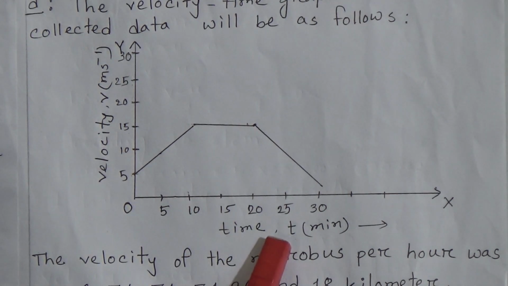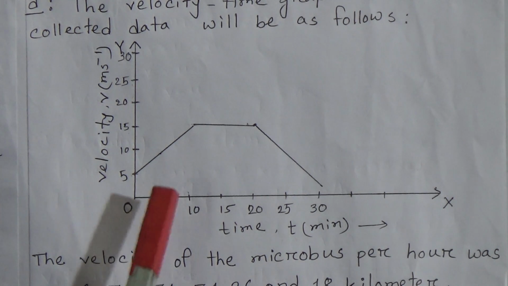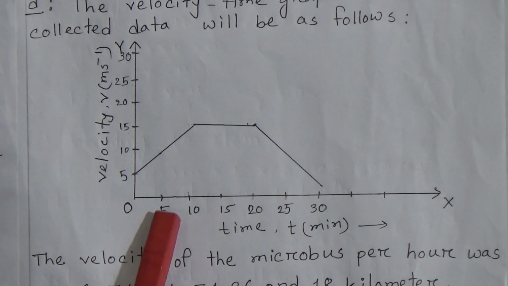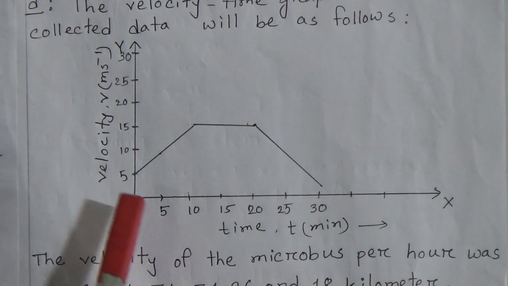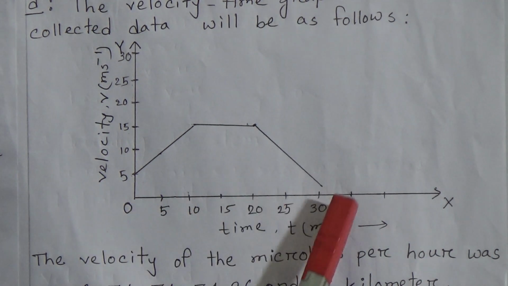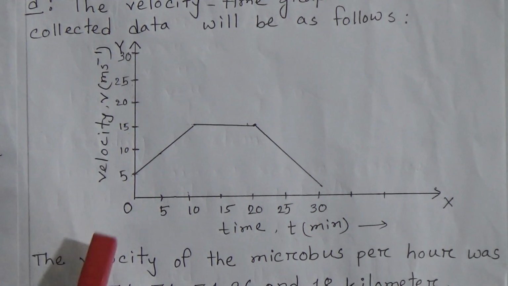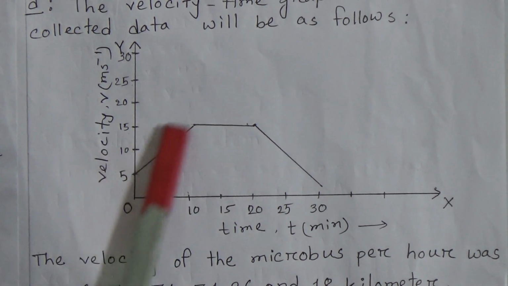Here the time is taken at intervals of 5 minutes. So here 5, 10, 15, 20, 25, 30 and velocity 5, 10, 15, 20, 25, 30. Now from the above data we will draw this graph.